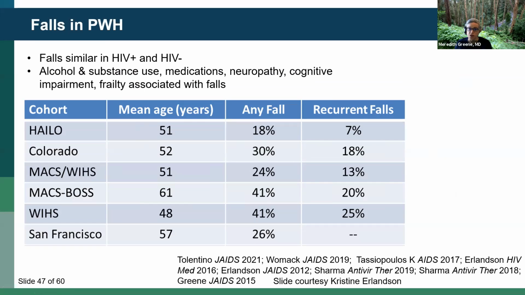But in people with HIV, alcohol and substance use, medications and polypharmacy, peripheral neuropathy, probably mediating balance problems, cognitive impairment, and frailty were all associated with falls. So again, these syndromes are traveling together. And you can see across the board in all these different studies, ranges between 18 to 40% for having 1 or more falls. And again, in relatively younger ages, these are people younger than 65 on average.